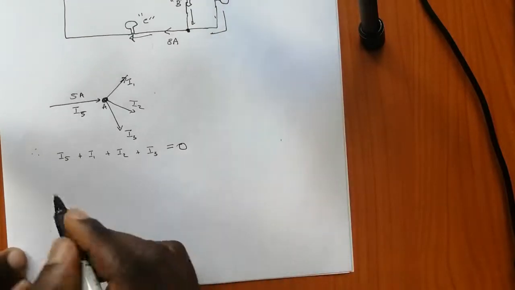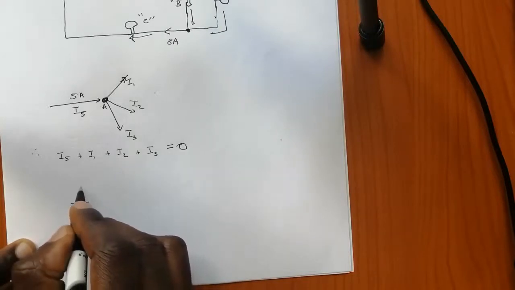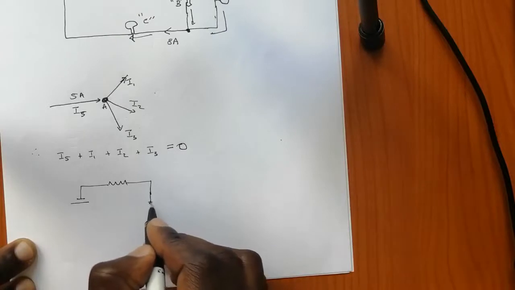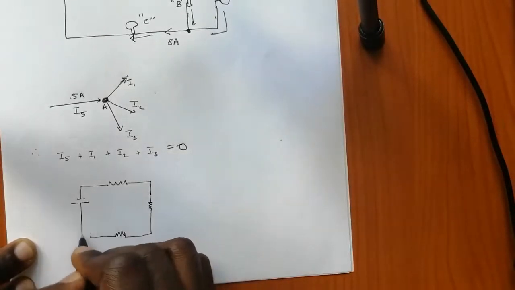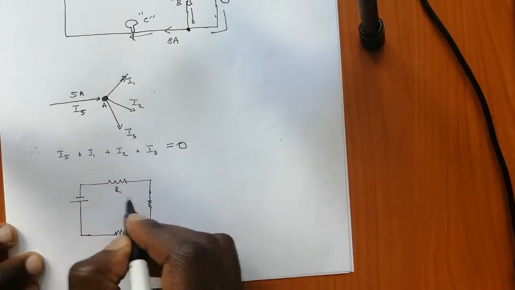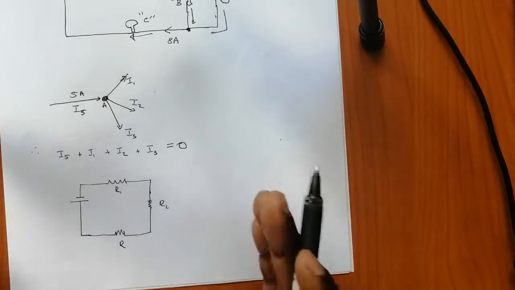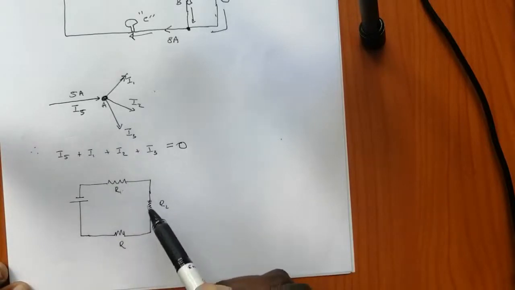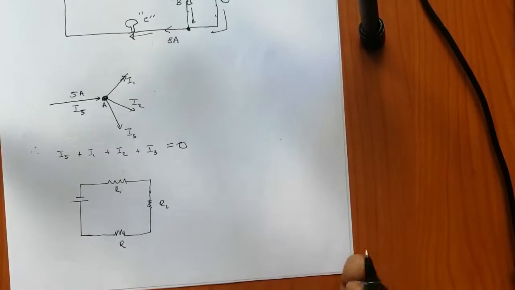Also, if you have a closed loop with a number of resistors, R1, R2, R3, the sum of all the potential drops at R1, at R2, at R3 must be equal to 0.